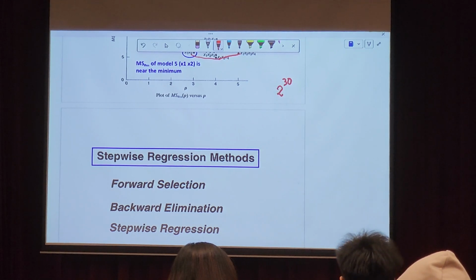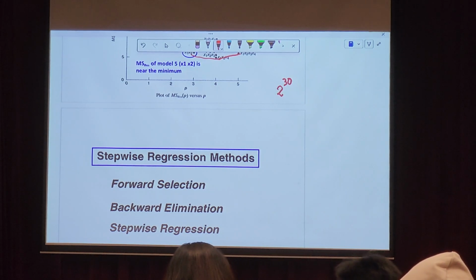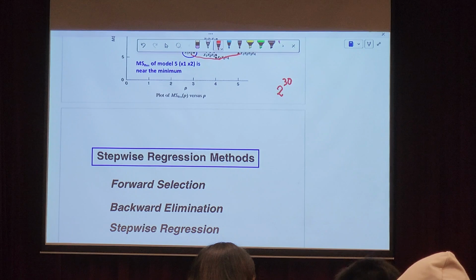You perform an experiment, you want to predict income, you look at age, gender, household, family members, profession, size, type of housing, and so on. You can have 30, 40 variables. But 2 to the power of 30 models, I just checked with my calculator, is about 1 billion.